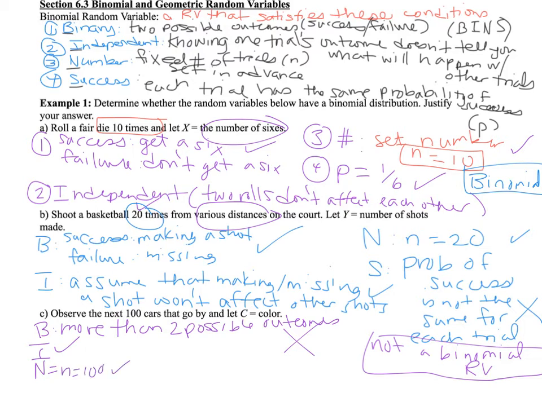The probability of success, we actually can't even figure that out. We would assume not, but since we don't have a set success, that one's not going to work at all. So this is not going to be binomial. Once we fail on one of these, it's just not binomial at all. So from the beginning, we knew it was not binomial.